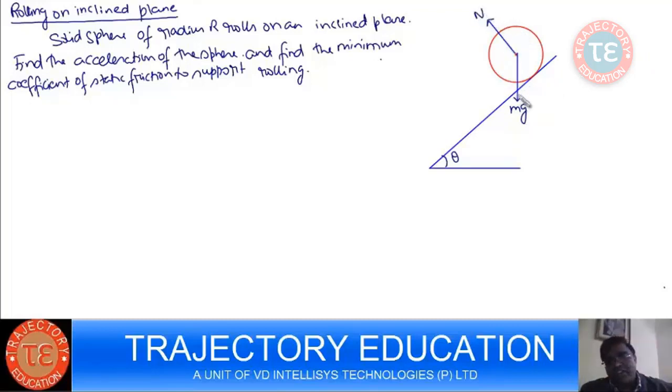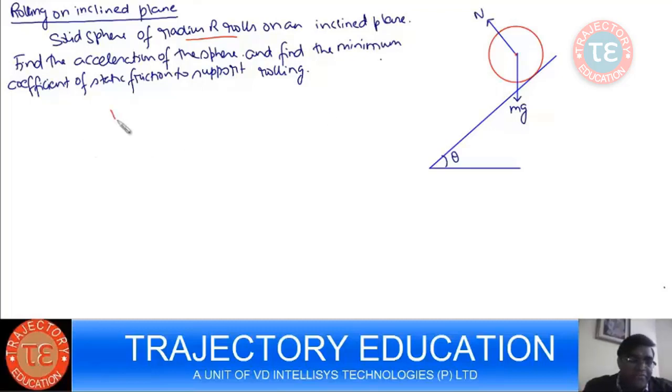So you can see that these forces do not create any torque. So what do you say about friction? Will the friction act? See, we are given the information that the sphere of radius r is rolling on an inclined plane.